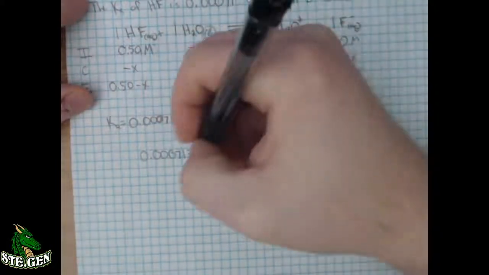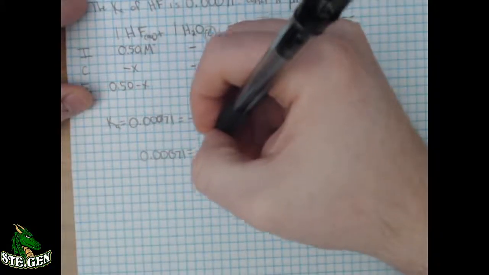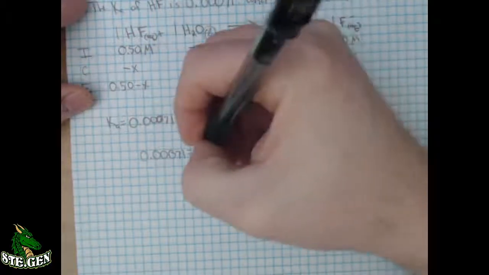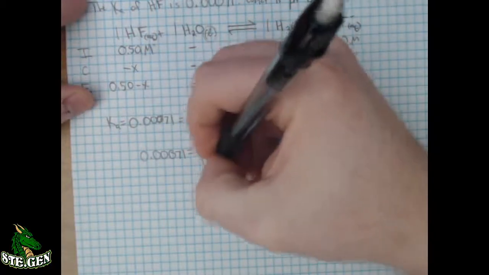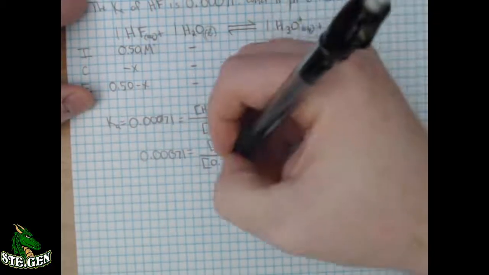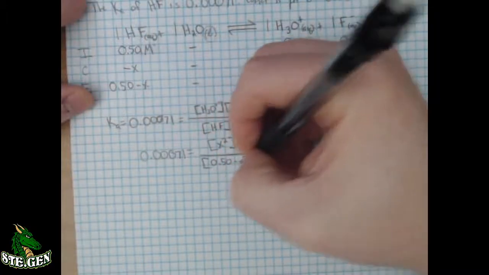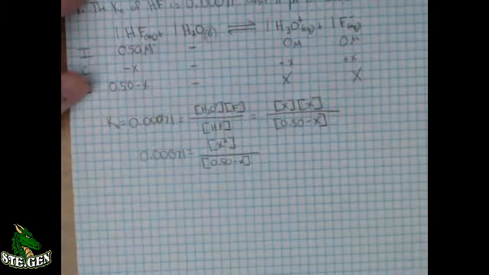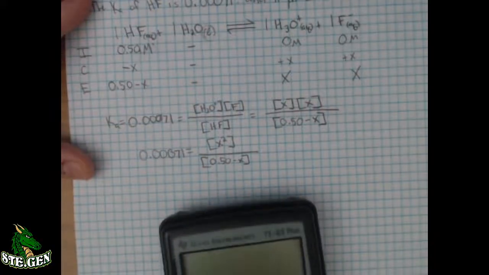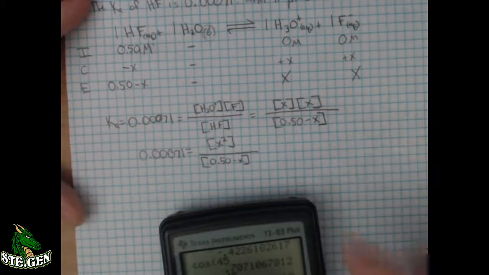And then equals, we're going to simplify the top to x squared, and then our bottom would be 0.50 minus x. We're going to have to multiply this over to the other side. So 0.00071 times 0.5.